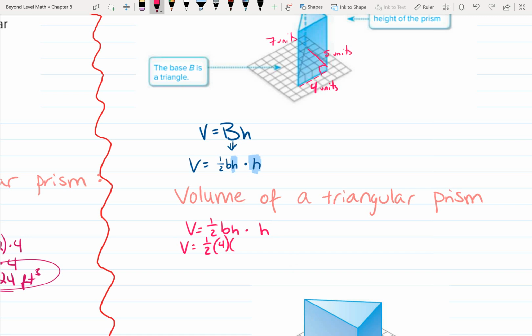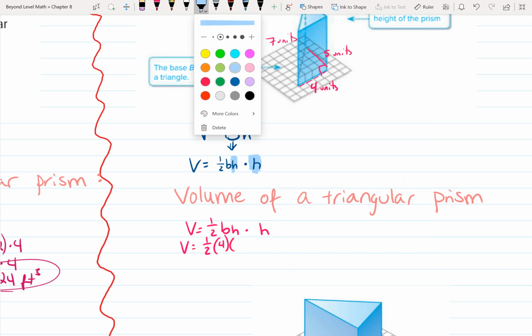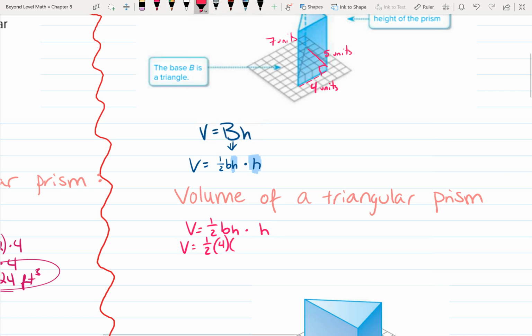The height of the triangle, which is perpendicular to the base, is again not the height of the actual prism. It is just the height of the triangle. That would be 5. And then times the height of the actual prism. And again, that's how tall the prism is if you set it on a table.